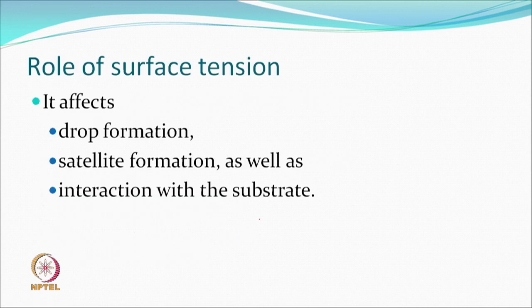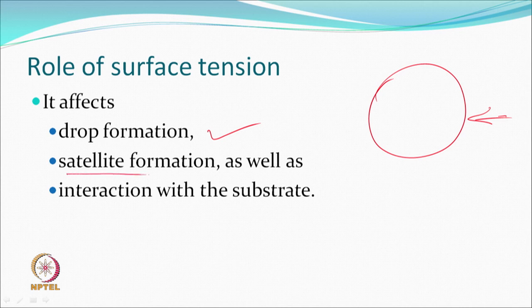You can understand very easily that surface tension affects drop formation. You can appreciate why a drop is formed. It is formed because of the surface energy, which becomes the least when it is spherical. It also affects the behavior in satellite formation.